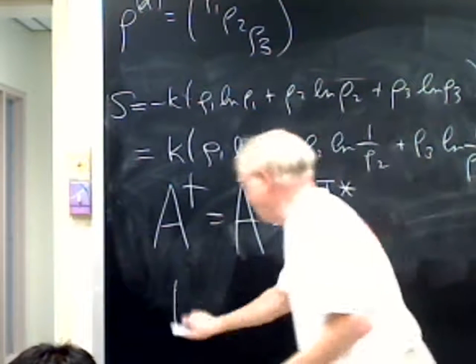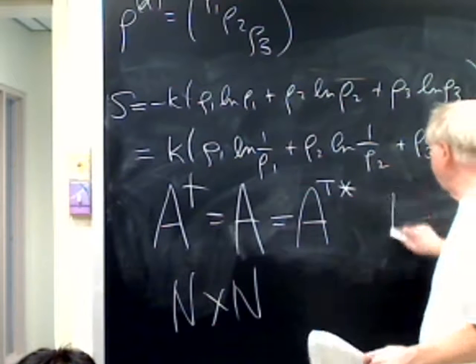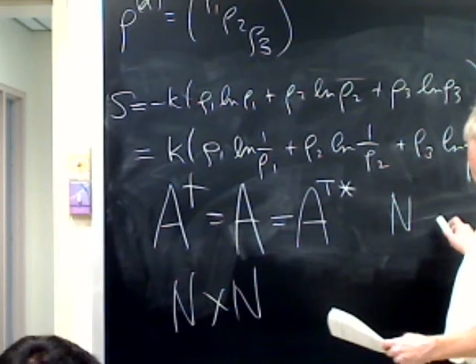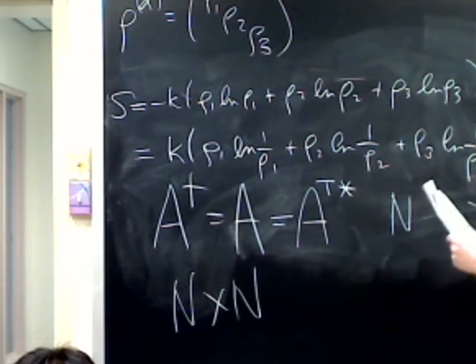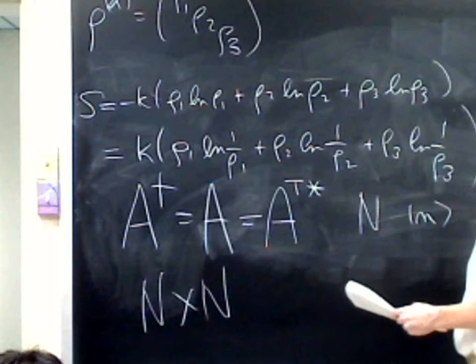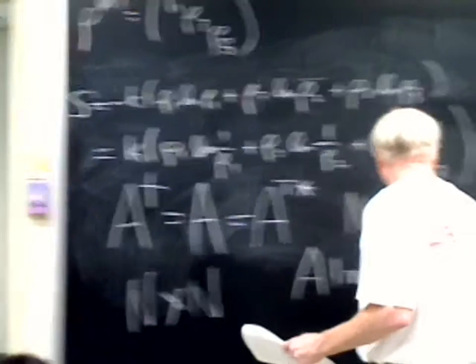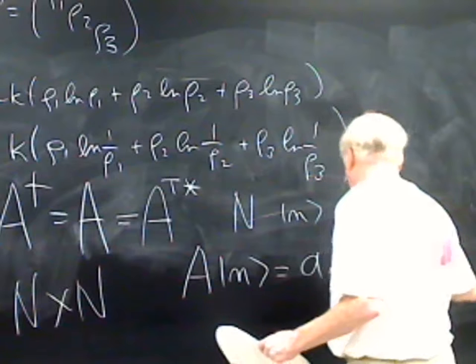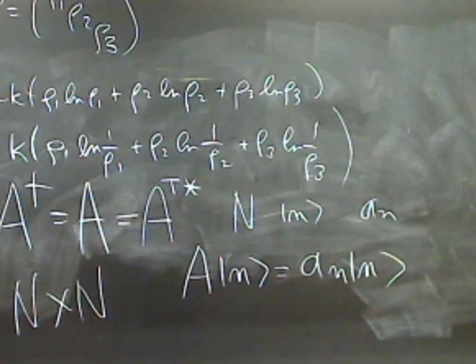Right. Now, we're thinking that it's n by n, and so it has n eigenvectors with n eigenvalues. And so we have A|n> = a_n|n>. So we know from our previous discussion that the Hermitian operator will have n eigenvectors with n eigenvalues.